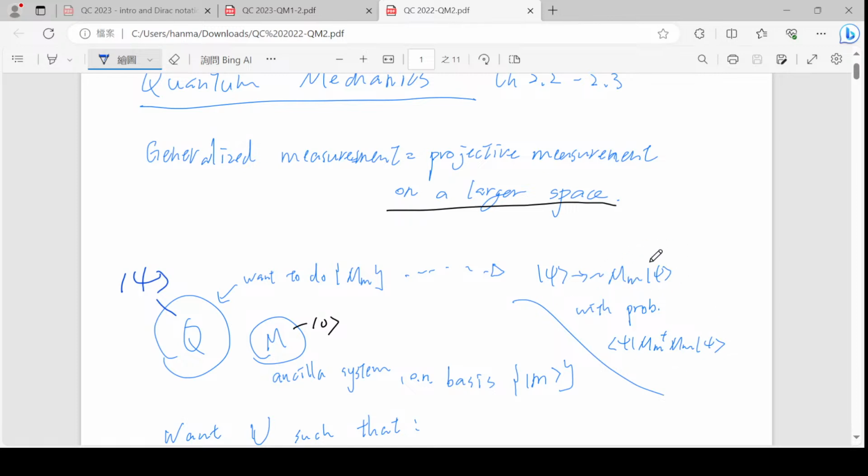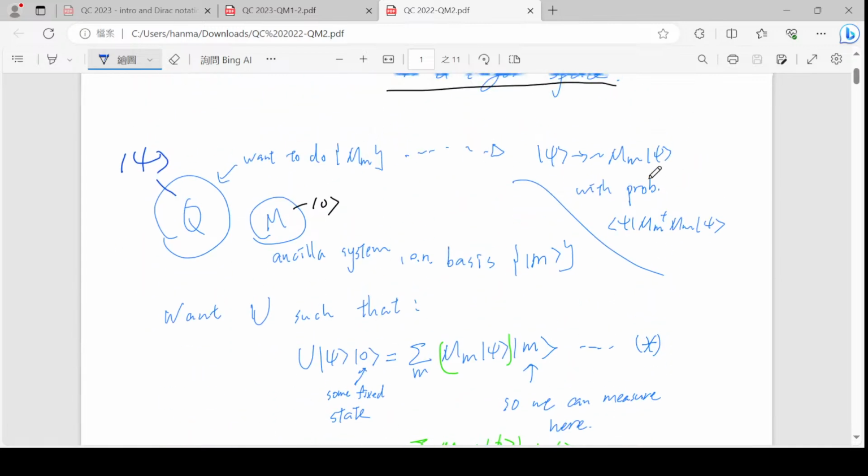So there are m different outcomes, and when you get this small m outcome, your state should become this M sub m psi, where we use this notation to describe two things: the probability of getting this is the norm squared, and the state is this thing renormalized. Anyway, we want to do this, but those M_m are not projective.